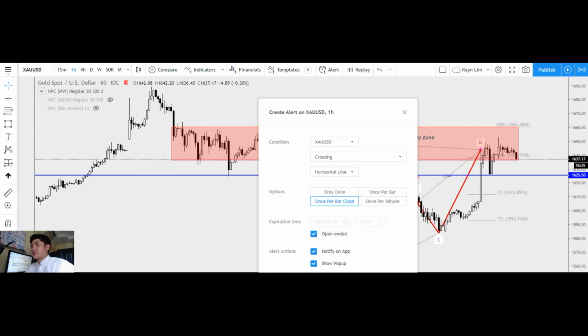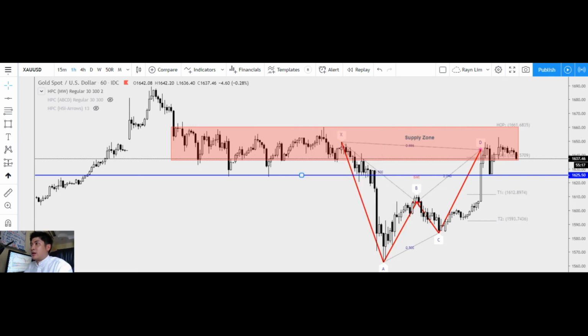Alright, so I'm going to write go H1 stop loss entry, because the stop loss is pretty wide in my thoughts. So I would want to minimize my risk, and we know that gold is one of the most volatile instruments to trade. If you're talking about Forex compared to gold, gold moves more.